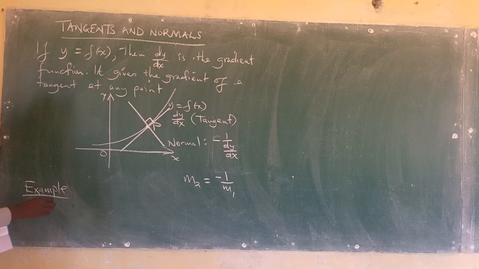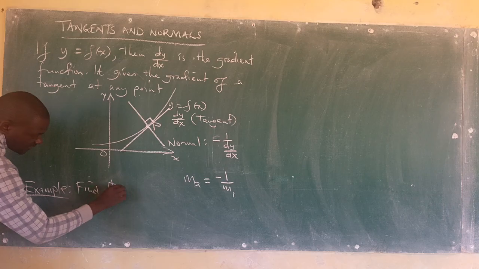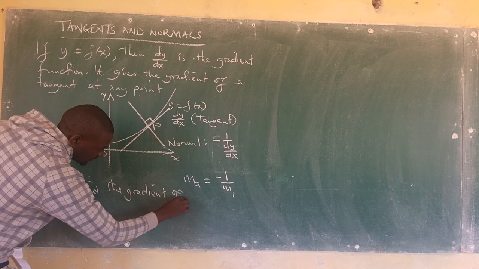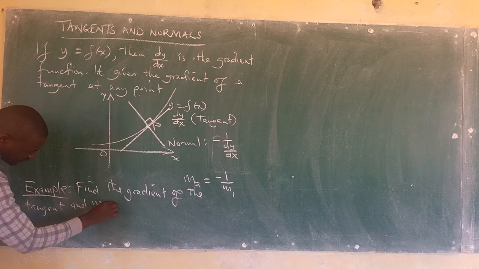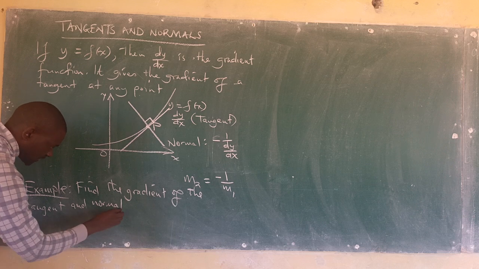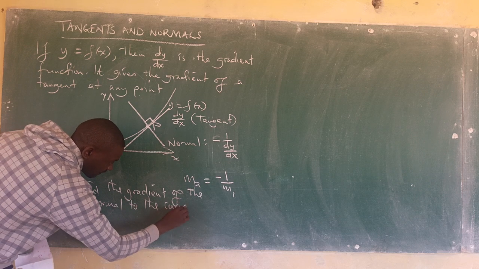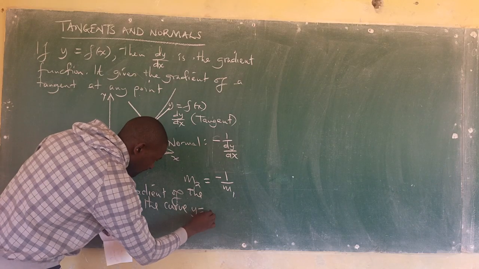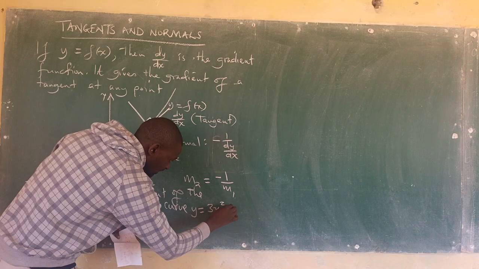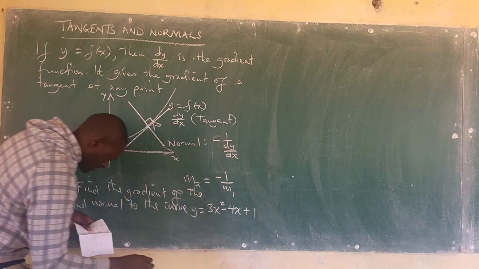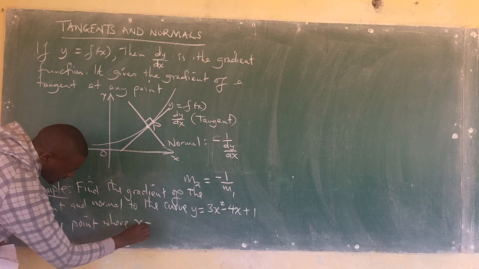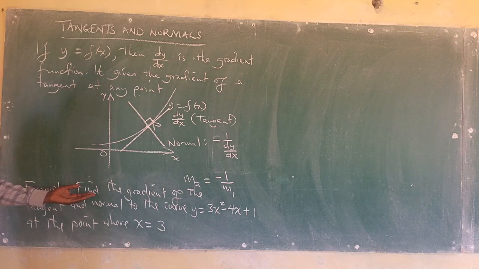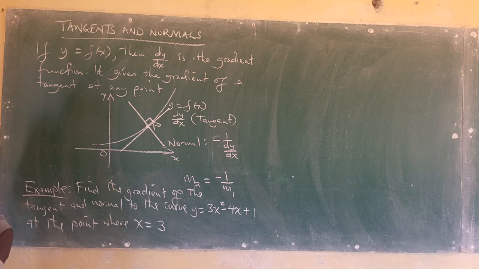Let's say find the gradient of the tangent and normal to the curve y is equal to 3x squared minus 4x plus 1 at the point where x is equal to 3.